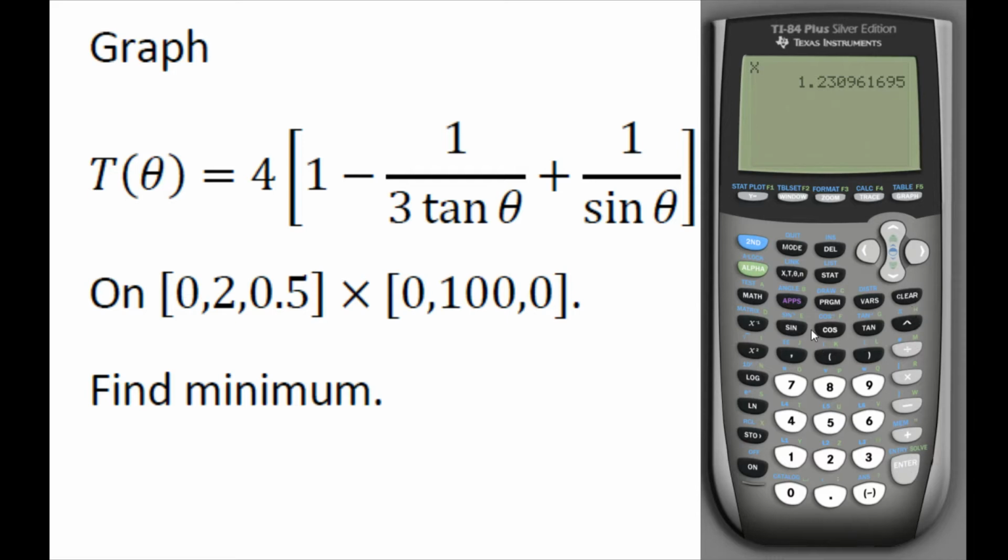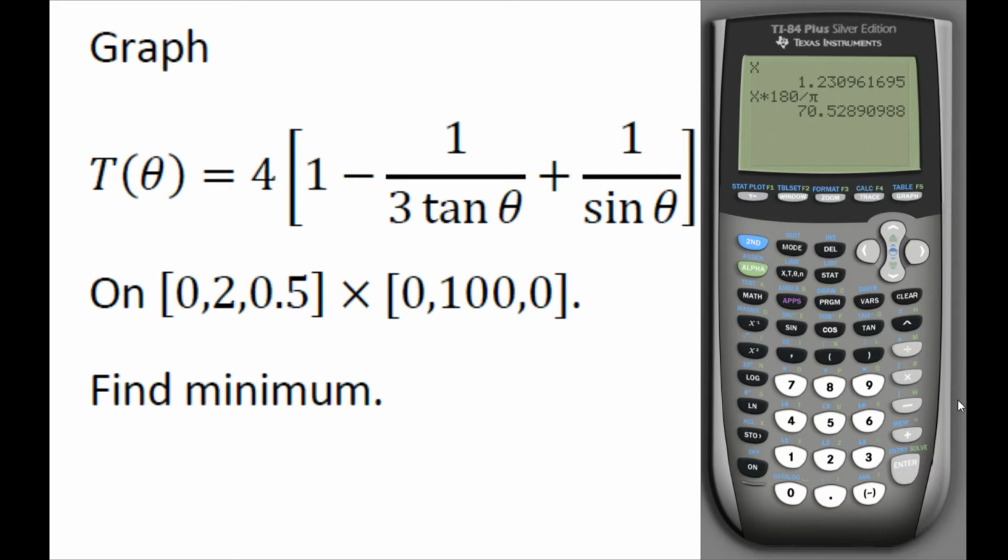We just need to change back to degree. So multiply by 180 and divide by pi, and you have 73.5 like the answer is supposed to get.